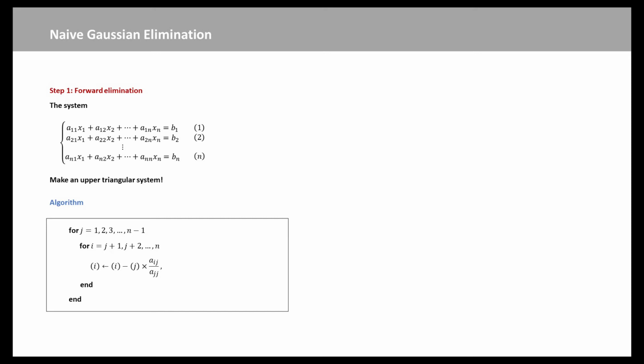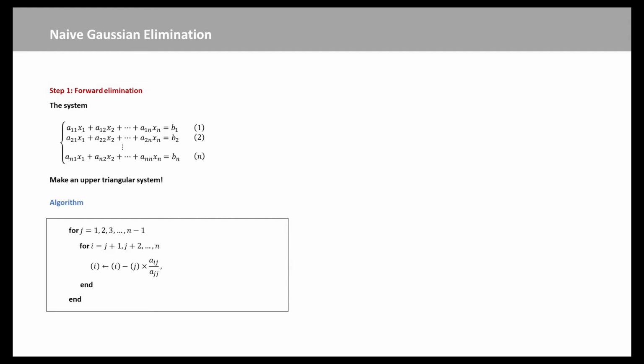And then for each i, we have to go through equation i plus 1, i plus 2, all the way to equation number n. Therefore, we have a second for loop to do that. For each, we take equation i, multiply by a suitable constant aji over aii, and then subtract it from equation j to make that entry 0. And then we replace equation j, and you end your two loops.